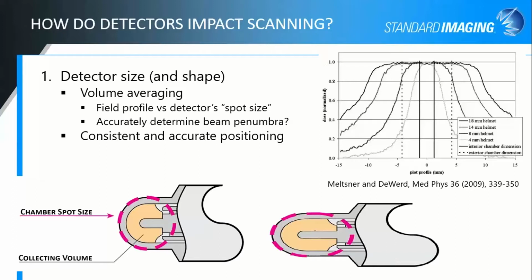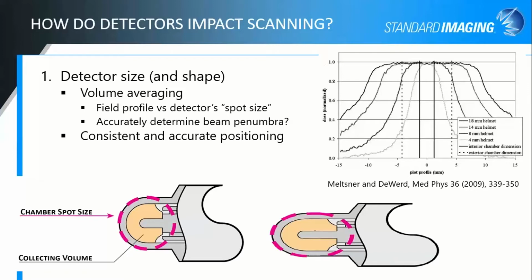So it affects not only the volume averaging, the size and the shape of your detector, but also obviously the shape affects the direction in which you're measuring the field if you're scanning with it. If you don't have a uniform detector both across and in line with the detector, then you're averaging differently when you scan in plane and cross plane.